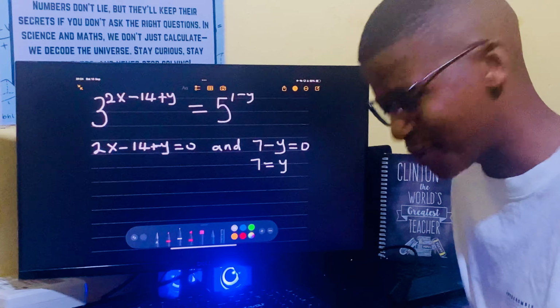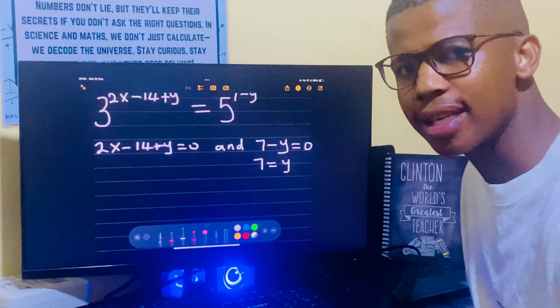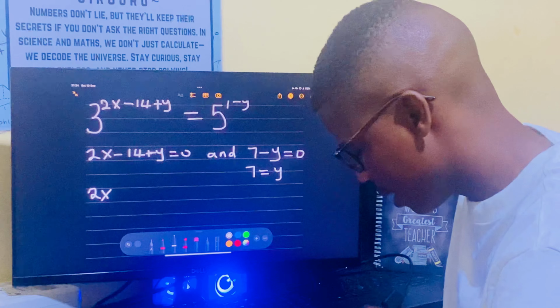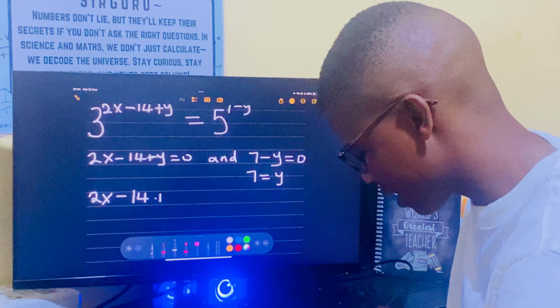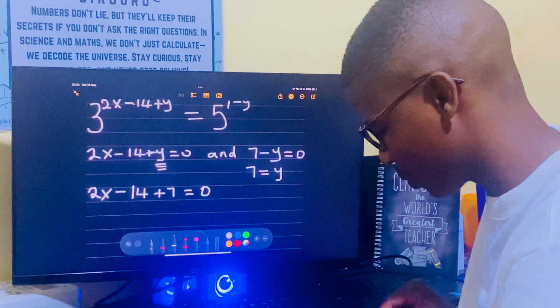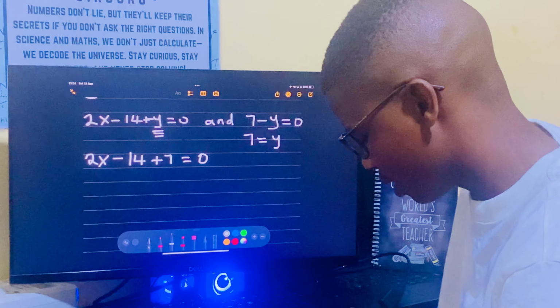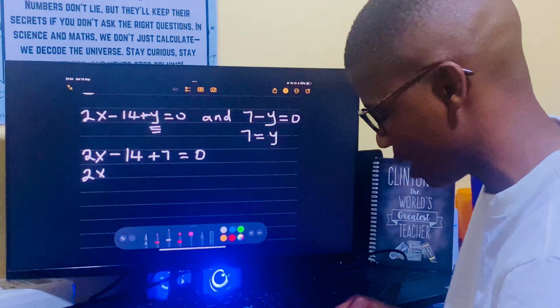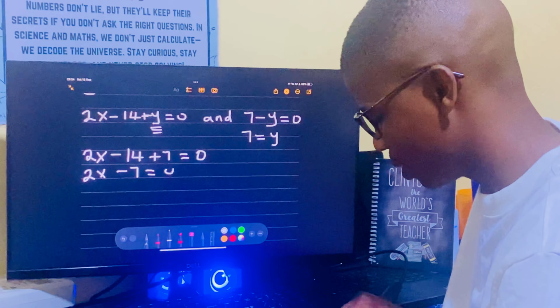How exciting. Now we can take the value of y and substitute it into this equation. So we have 2x minus 14 plus 7, where there was y I replace with 7, equals 0. Then we can solve for x. 2x, negative 14 plus 7 is negative 7, equals 0.